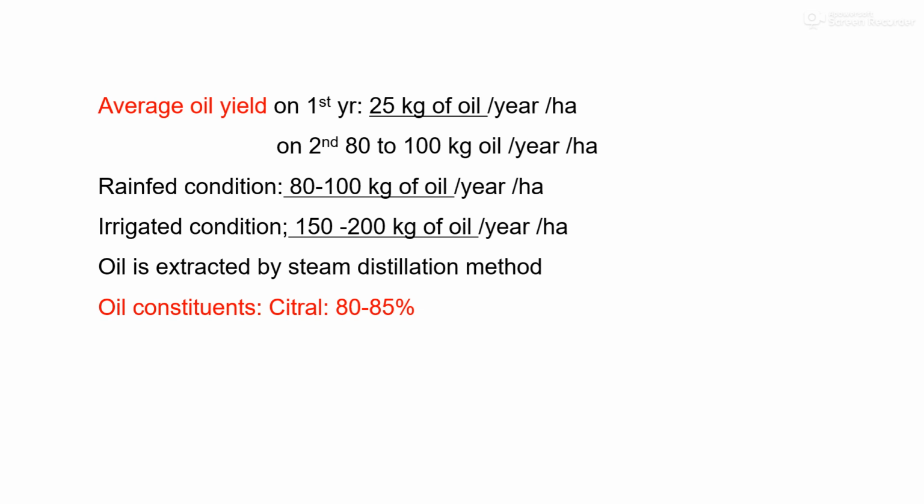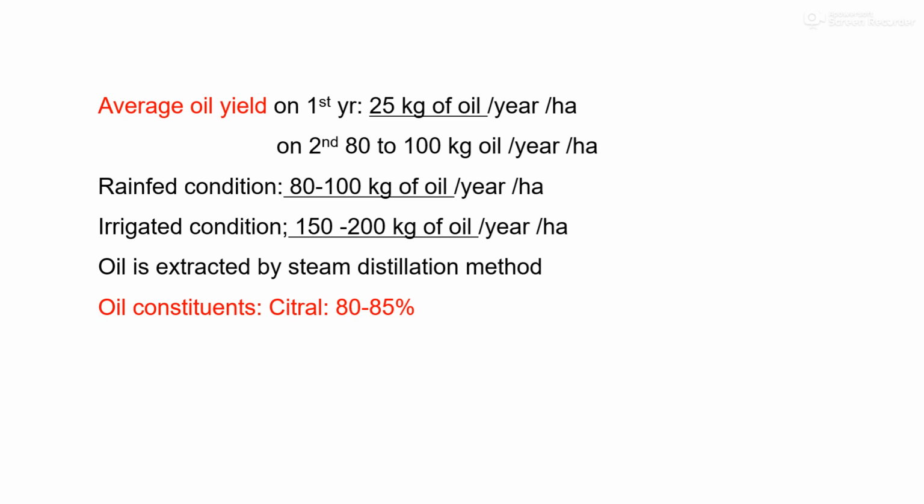Regarding the yield performance of lemongrass, average oil yield in the first year of production is 25 kg of oil per year per hectare. In the second year it increases up to 80 to 100 kg oil per year per hectare.